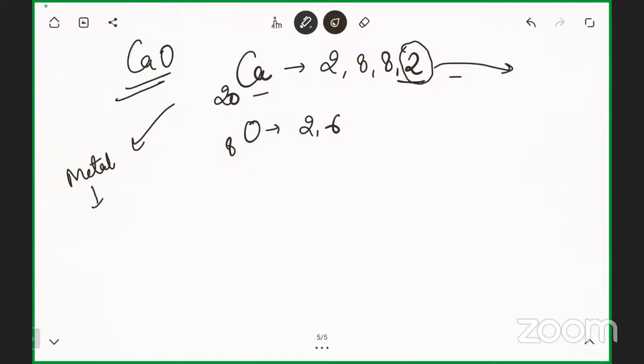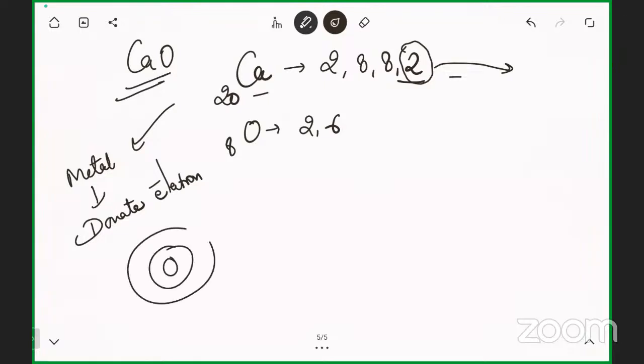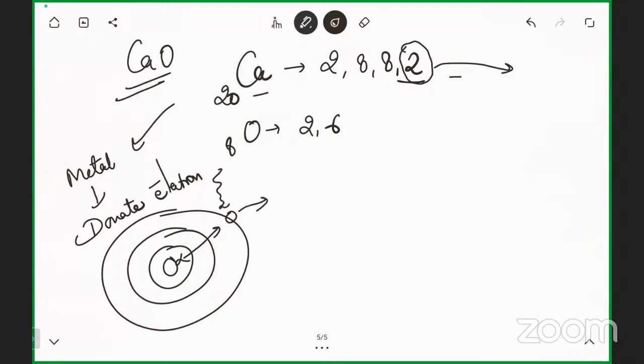Metals have a great tendency to donate electrons. As I told you, they have a bigger atomic size compared to non-metals. So the electrons are not feeling that much effective charge, so they can easily remove the electron. So the ionization energy will be low. For metals, the ionization energy is always low.